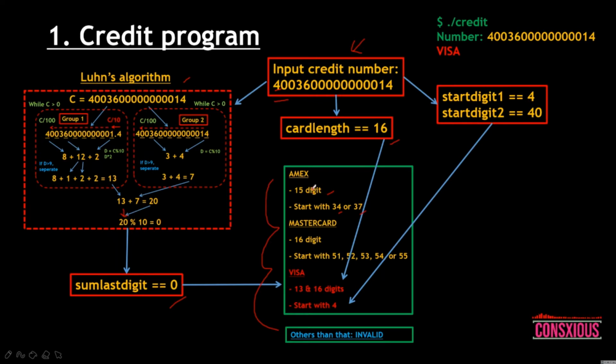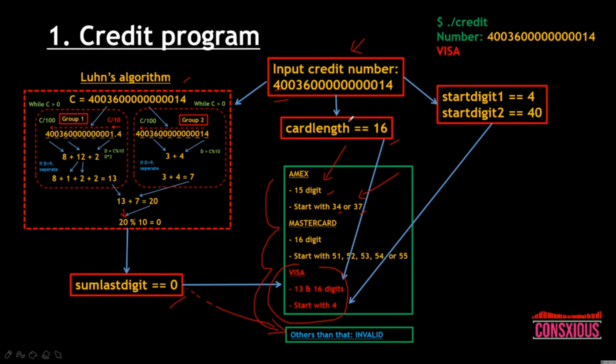You can see 15 digits is linked with this, and this case is the Visa here. These three cards must pass the loop algorithm, that's why I put the box here. Other than that, if it doesn't pass, we go directly to invalid.